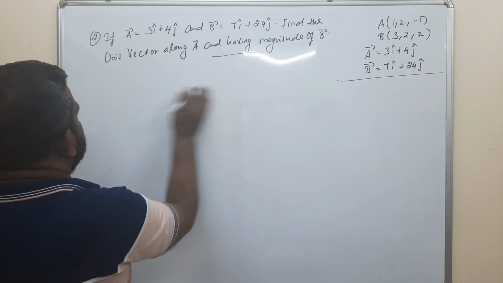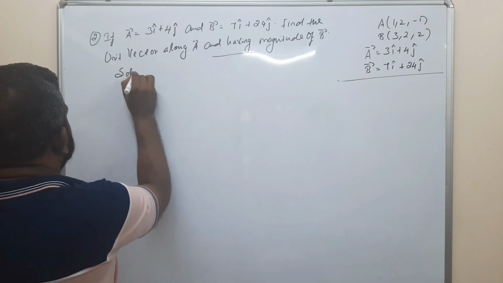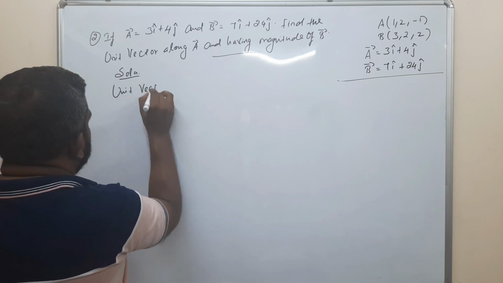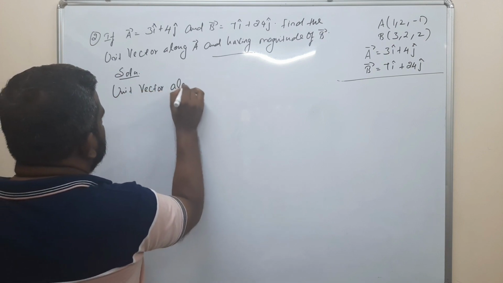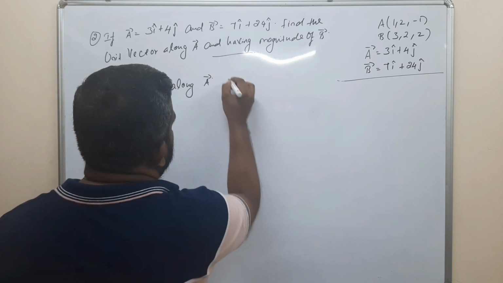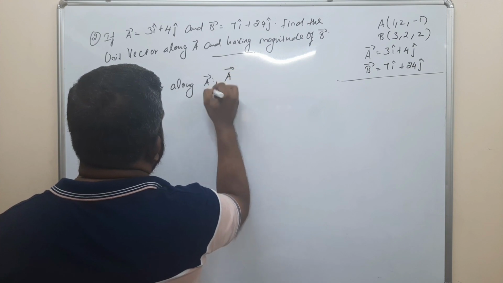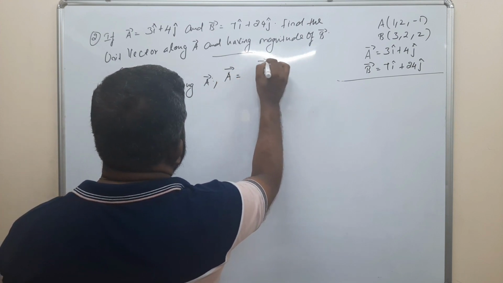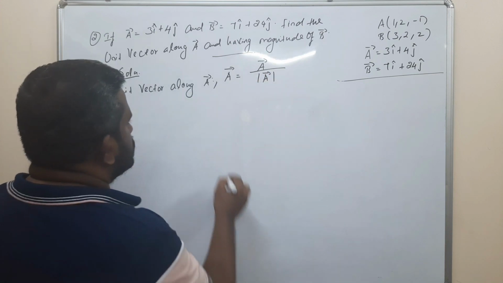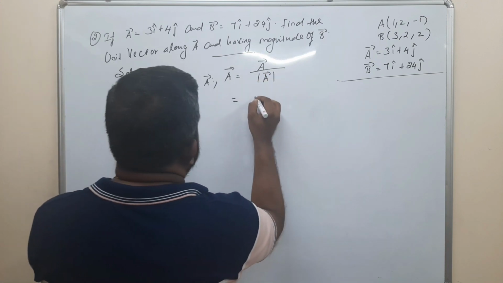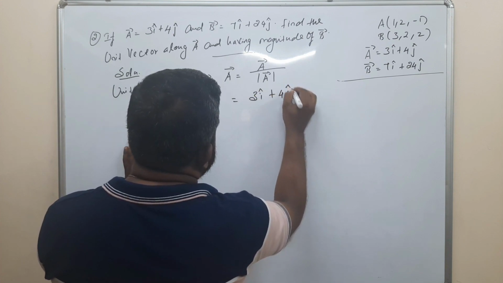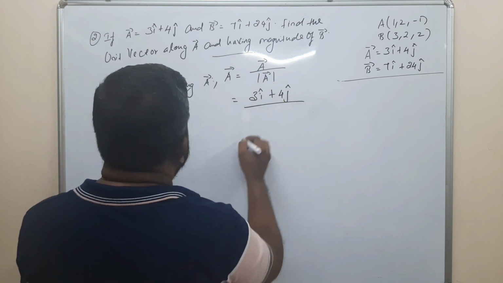So first solution, unit vector along A vector. So what is the formula? A cap is equal to A vector divided by mod of A vector. Am I right? So that's equal to, what is A vector? That is 3i cap plus 4j cap divided by, what is mod A?